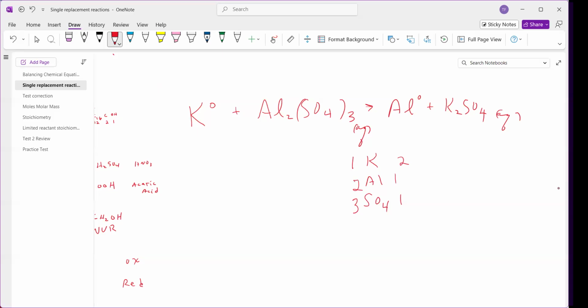So let's balance it now. Look at the most complicated ones first. That would be the aluminum sulfate and the potassium sulfate. We got three sulfates on the left. Let's make three on the right. That makes six potassiums on the right.